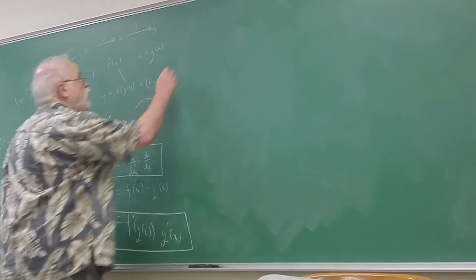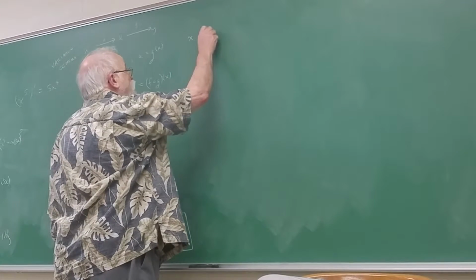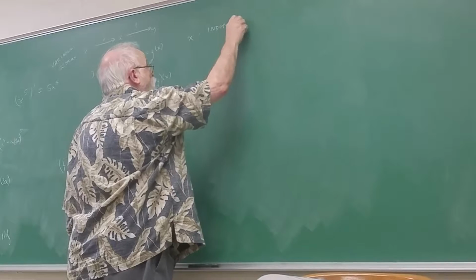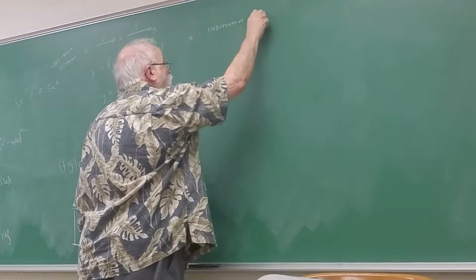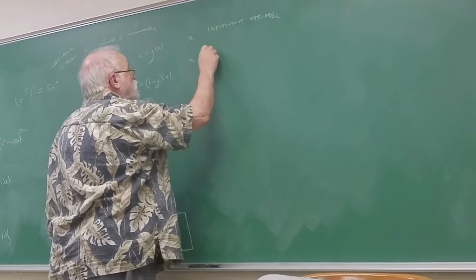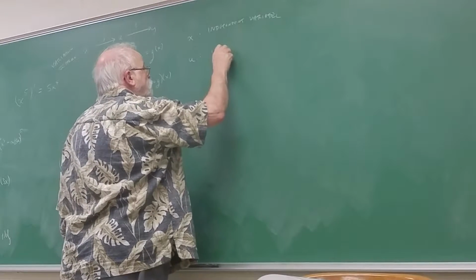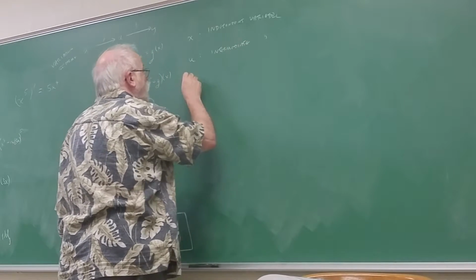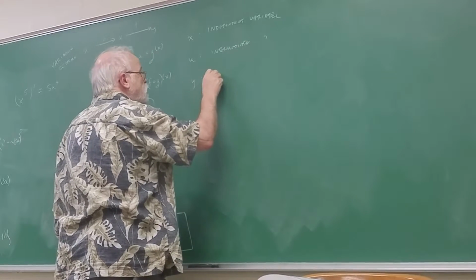So x, independent variable. The u is the intermediate variable, and the y is the dependent variable.